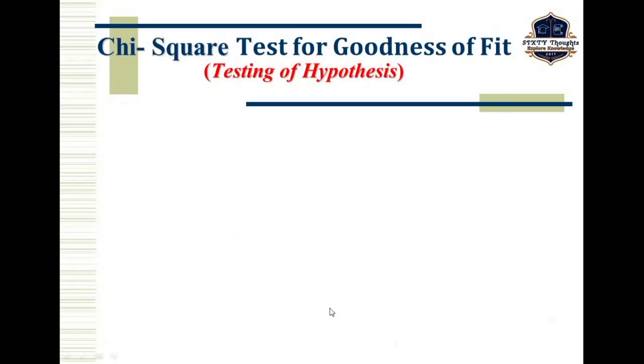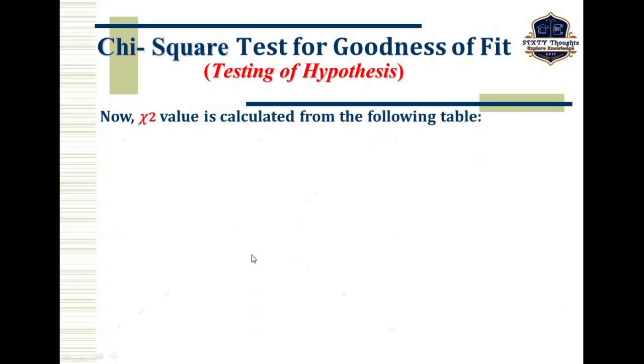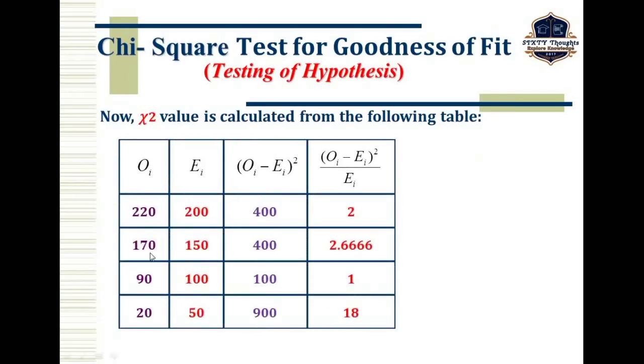Now I am going to find the chi-square value. First we write the observed values: first is failures, second is third class, third is second class, and last is first class. And these are the expected values. We expected 200 students to fail, but we got 220 students failures.